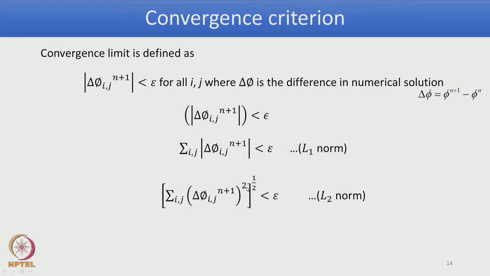When you square, there is no minus sign, automatically everything becomes positive, and you take the summation over the entire domain, and then you take the square root of it. That also can be used as a criterion, less than a prescribed value epsilon, and such is called the L2 norm. We will talk about this convergence criteria in a later class also with a different explanation. So, convergence is also decided based on the previous value and the present value.